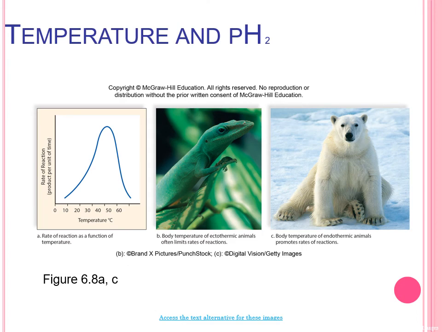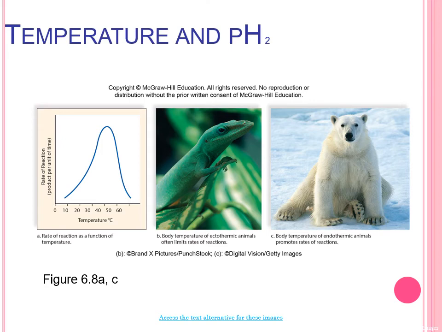Here on the left, the picture is showing you another temperature graph. And again, we can replace that temperature with pH to show a similar graph for the function of the enzymes. And so body temperature is very important. You can think of animals that are dependent on the sun.